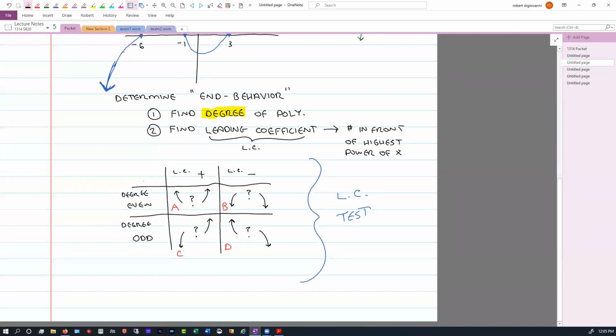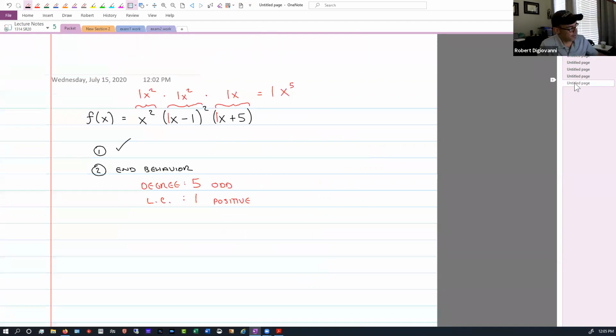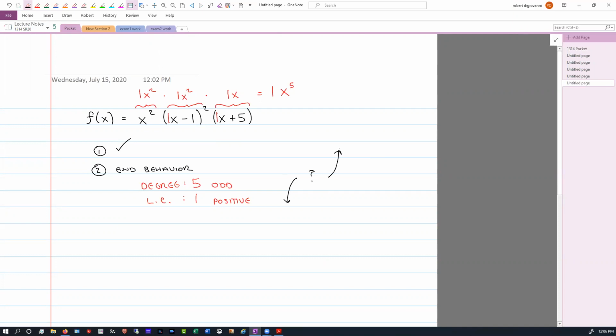So it's going to be C. It's got to be C. Odd degree, positive leading coefficient has to be C. So that means our left side goes down, our right side goes up. So from here, I can tell you that the left side goes down. I'm not quite sure what's happening in the middle yet, and the right side goes up.